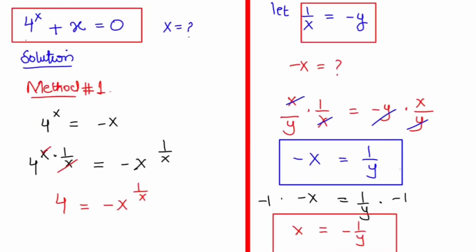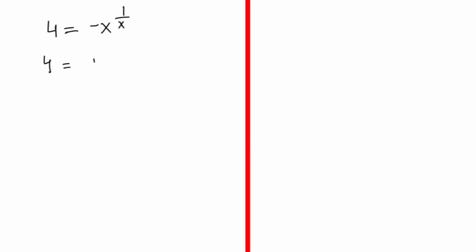The expression we have is 4 is equal to negative x raised to the power of 1 over x. The negative x value we found is 1 over y, and the 1 over x value we found is minus y. I'm going to plug those in. So here, 1 over y and whole to the power of negative y.